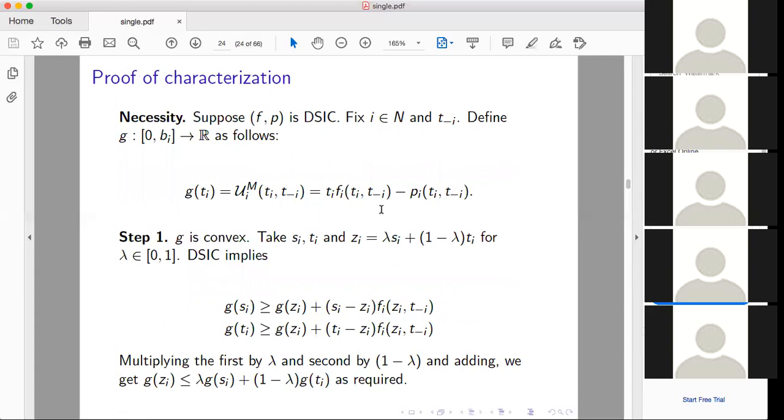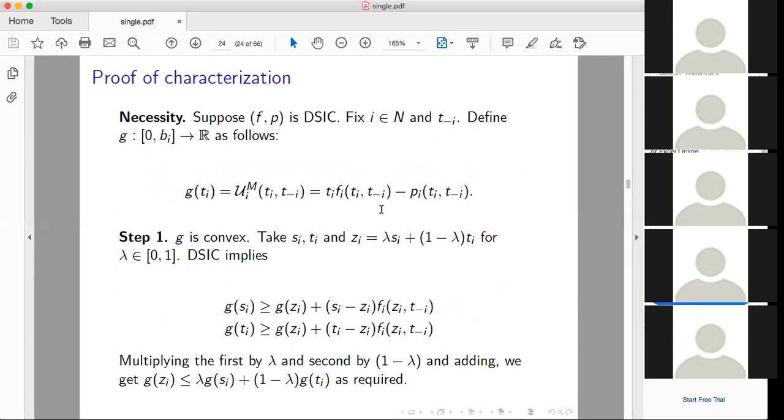How is this observation important? Suppose we have no idea about the space of all DSIC mechanisms. So we start with F, P, which satisfies DSIC incentive constraints. And then for some reason or the other, we start imposing other constraints, which are ex post IR and non-negative payment.